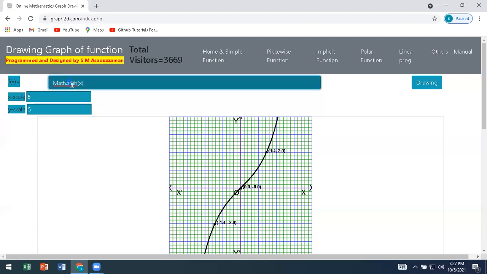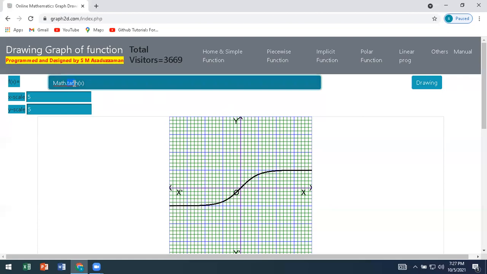Tan hyperbolic x. Press the drawing button, we get tan hyperbolic x. For tan hyperbolic x, we type Math.tanh of x and then press the drawing button.